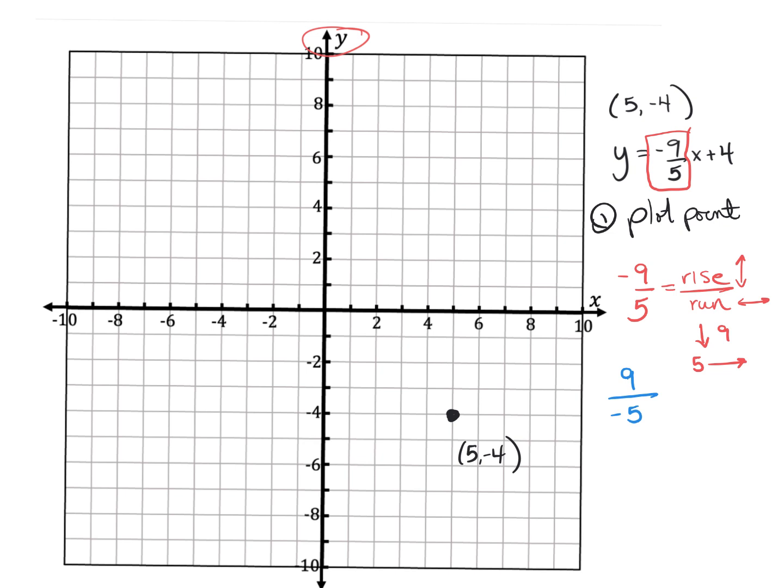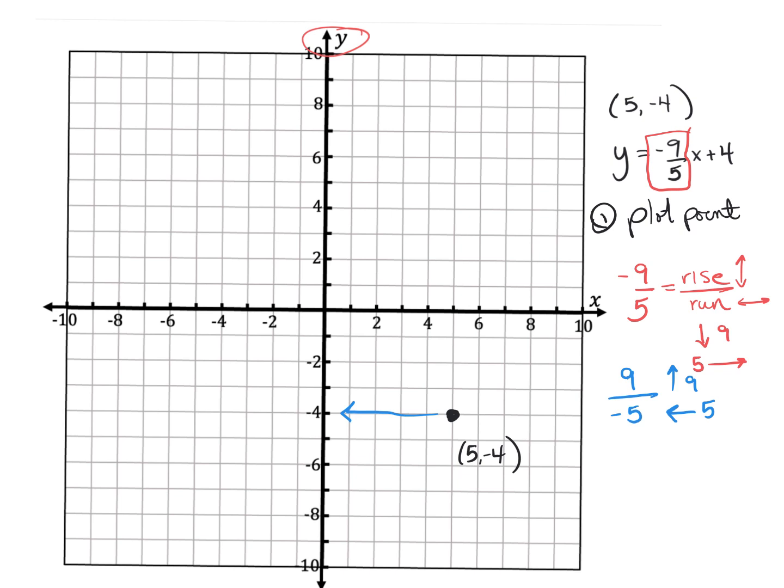So when I write the slope like this, 9 is positive, so I'm going to count up 9. But my run, I'm going to count to the left 5. And you'll notice from my point, my y-axis is to the left. So that's the direction I need to count in.